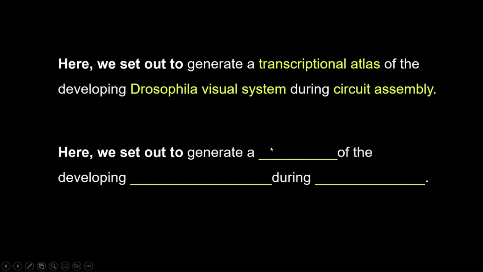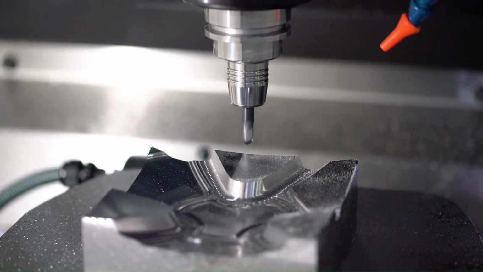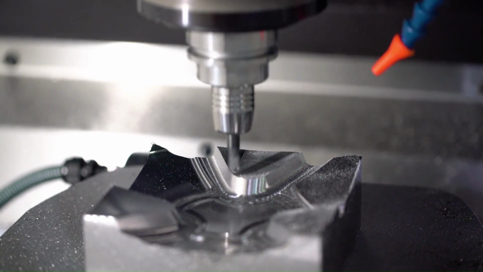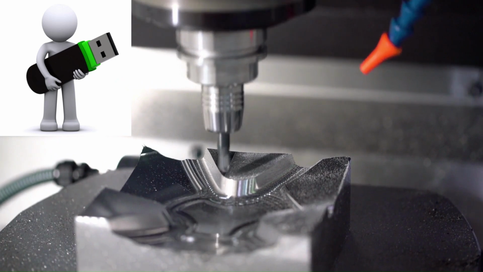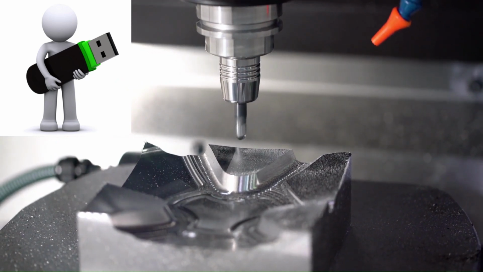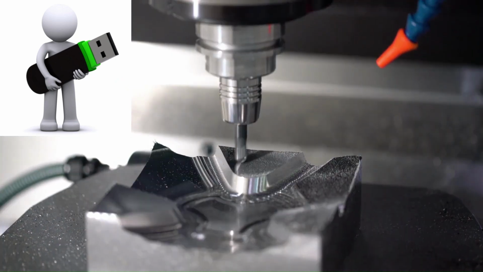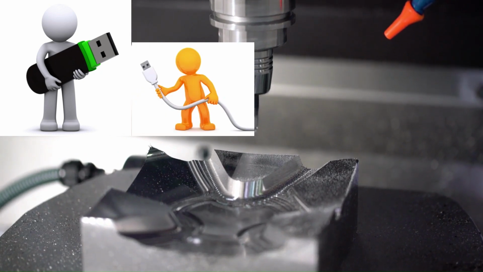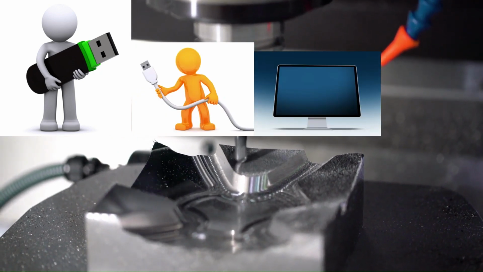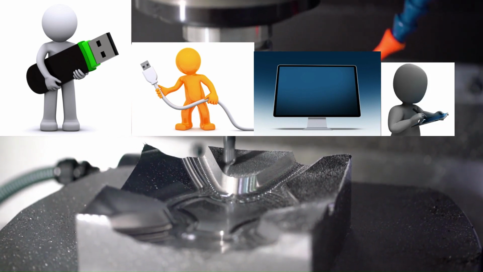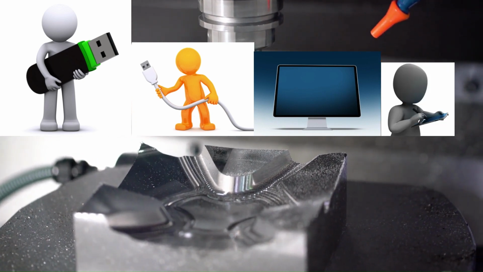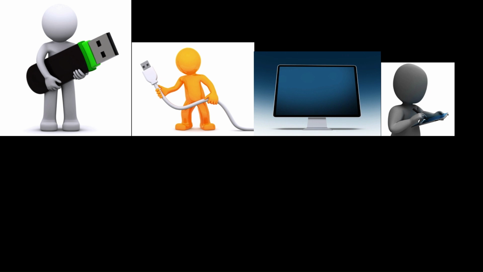Transcriptional atlas. To understand transcription, let's think about how a machine is made. To build the machine correctly, each time you have a USB containing an instruction manual that lists the parts you need and the order they fit together. But of course, in order to see and read off of the USB, it has to be first opened on the computer, the file unzipped, etc., and transcribed into a language we can understand.